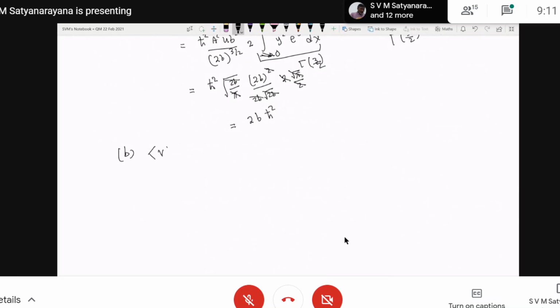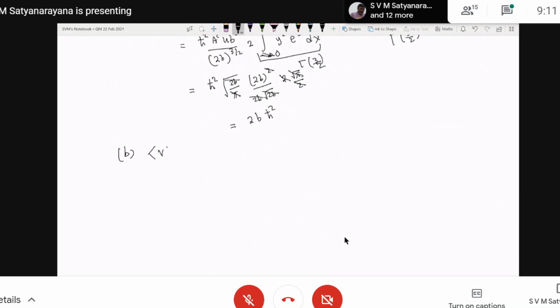So you can see that Eg is equal to b h bar square divided by m plus m omega square divided by 4.